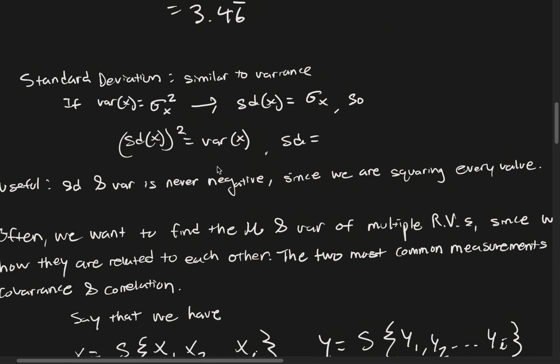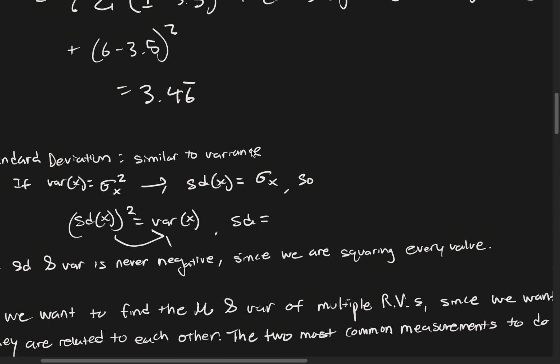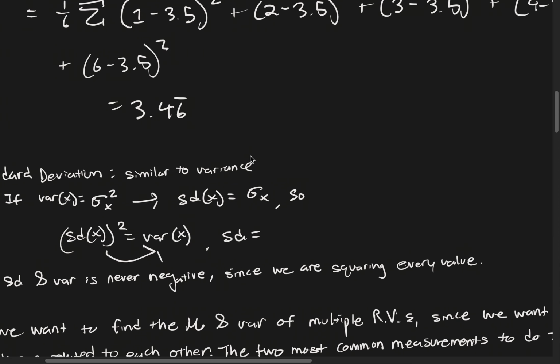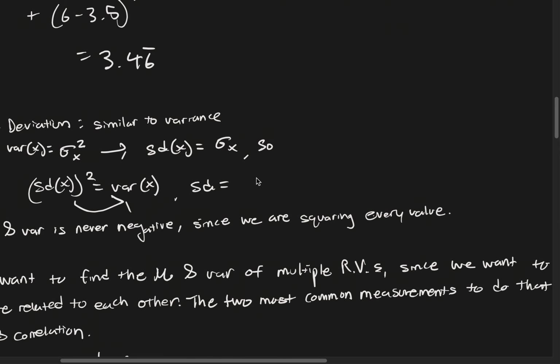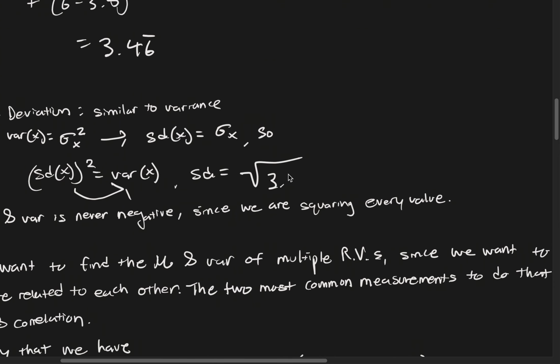So in other words, the standard deviation of x squared is equal to the variance of x. So for our example, if the variance of the dice roll is 3.46, then we would just square that value.